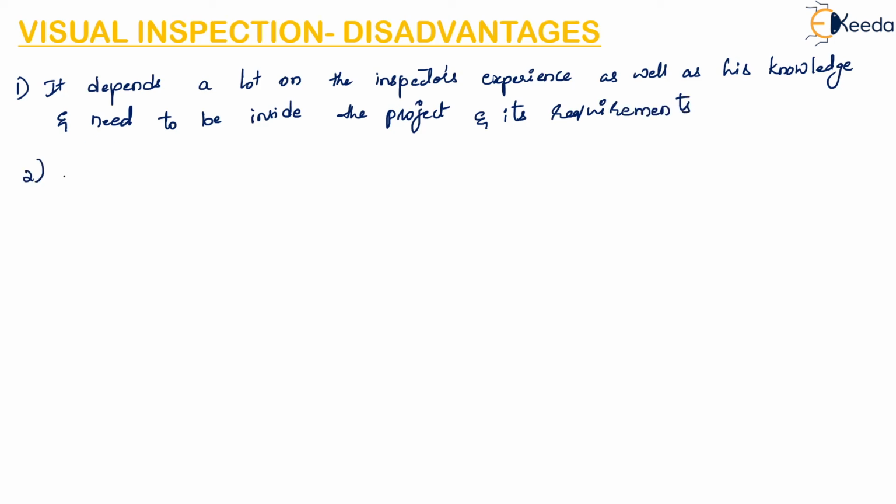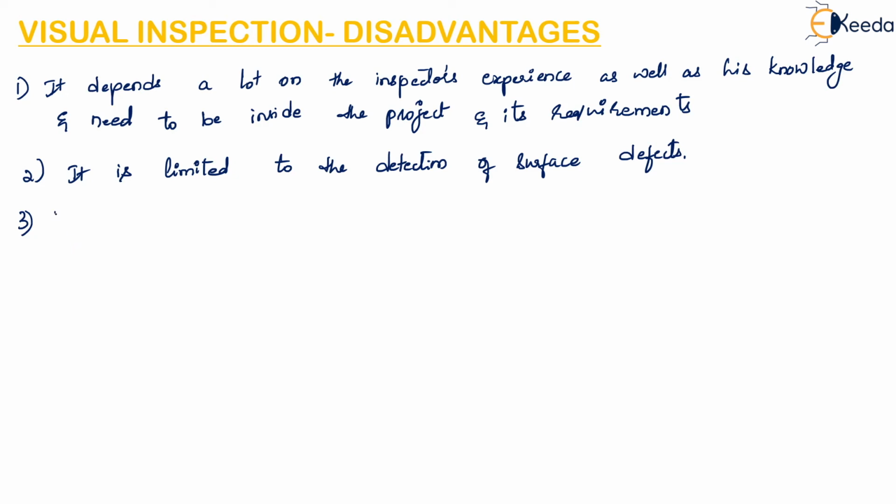And the second disadvantage is it is limited to the detection of surface defects. The defects which are present inside the component cannot be detected with the help of visual inspection. Visual inspection may also cause possible misinterpretation of the flaws.